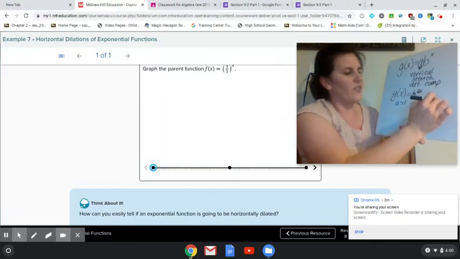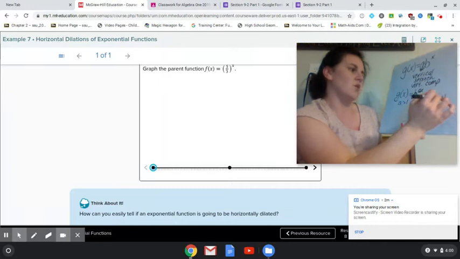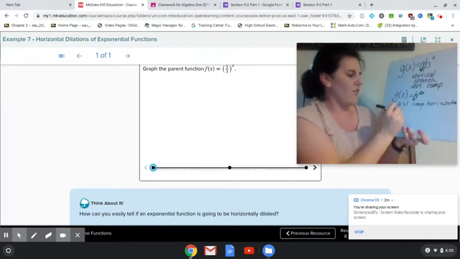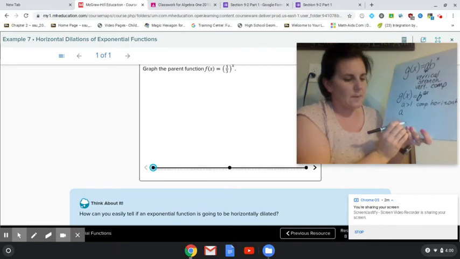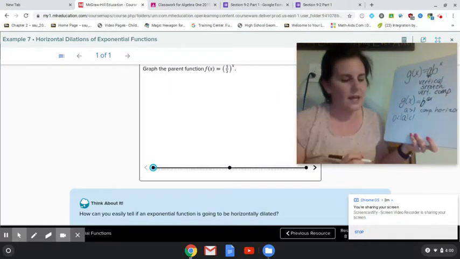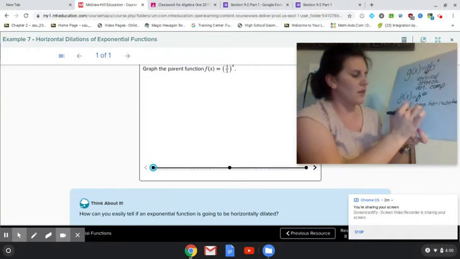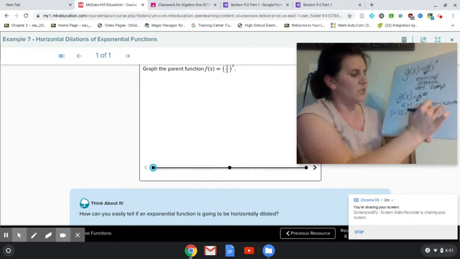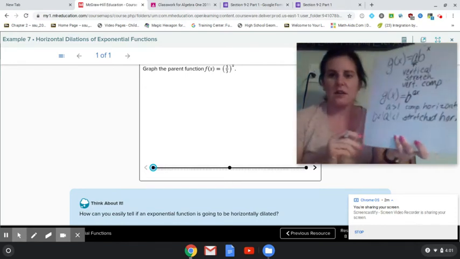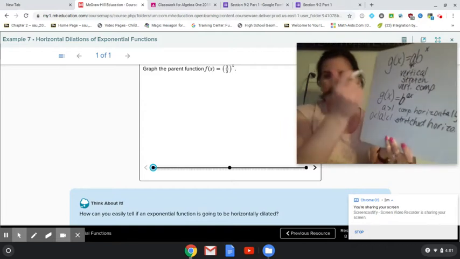And if the absolute value of a is between 0 and 1, then it's going to get stretched horizontally. So that was just some notes I wanted to make sure that you took or you read or heard, so that you were aware of this.